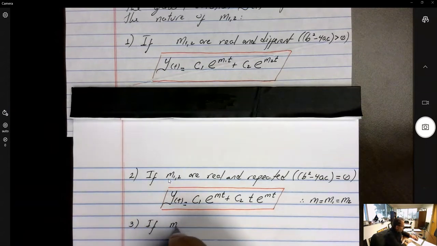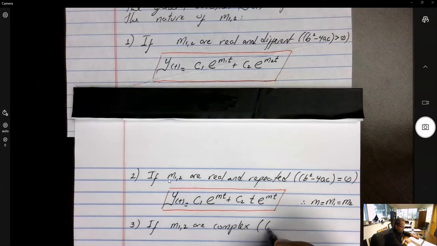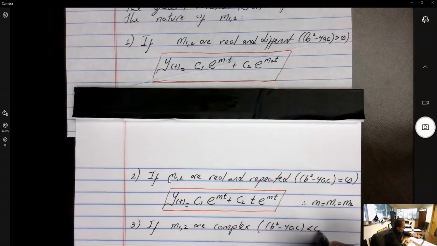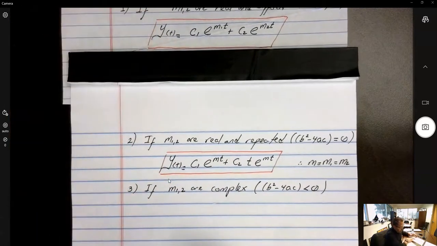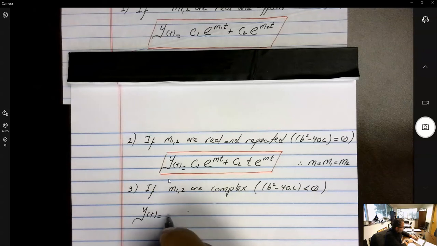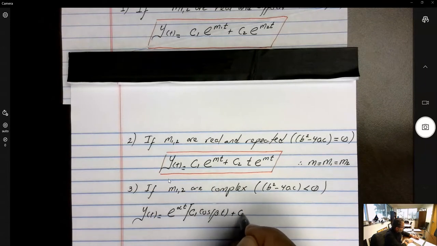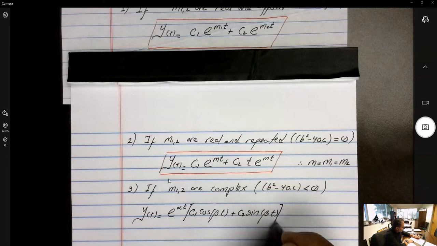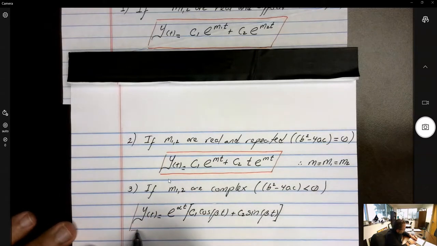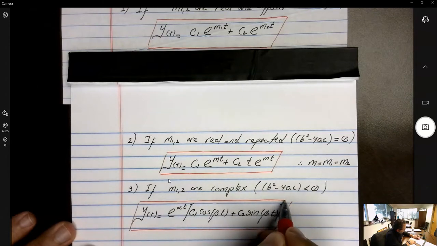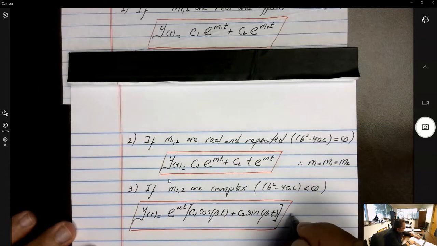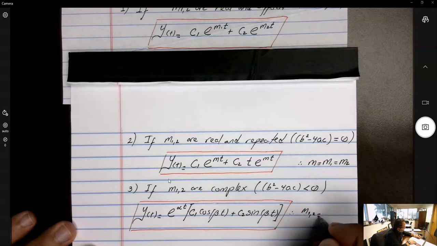Now, if m1 and m2 are complex and conjugate, which come in pairs, so basically b squared minus 4ac is less than 0, then we can express the solution y of t as e to the alpha t times c1 times the cosine of beta t plus c2 times the sine of beta t, such that m1 and m2 is equal to alpha plus minus i beta.